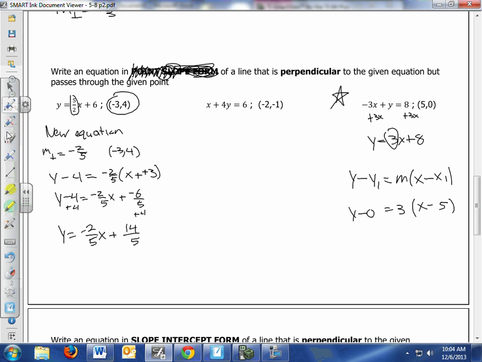I need a perpendicular line. So I'm not using the same slope. I'm using the slope that is the opposite flipped. Negative 1/3 will be the slope of my perpendicular line. Y minus 0 is just y. This is negative 1/3 x plus 5/3.